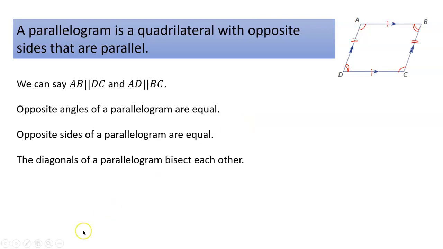The diagonals of a parallelogram bisect each other. What that means, and I'll change my colour here, diagonals, remember, join up opposite vertices. So I have this diagonal and I have this diagonal.